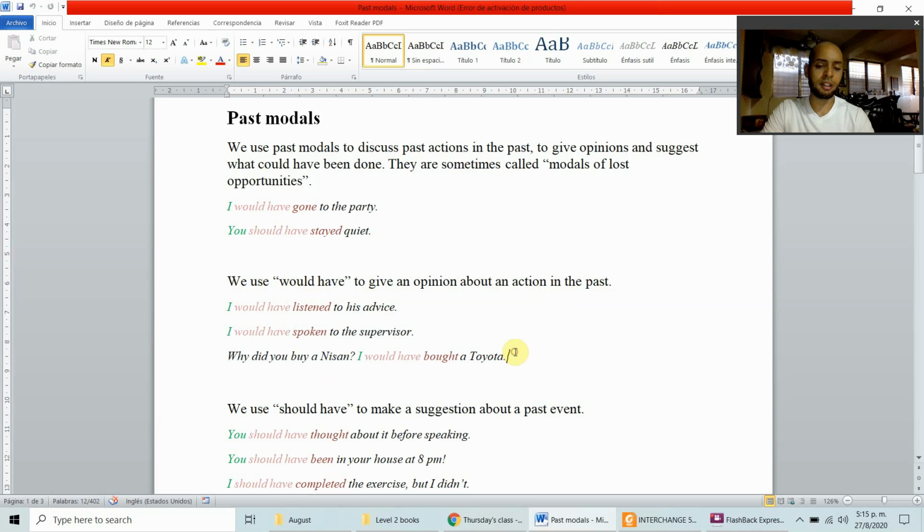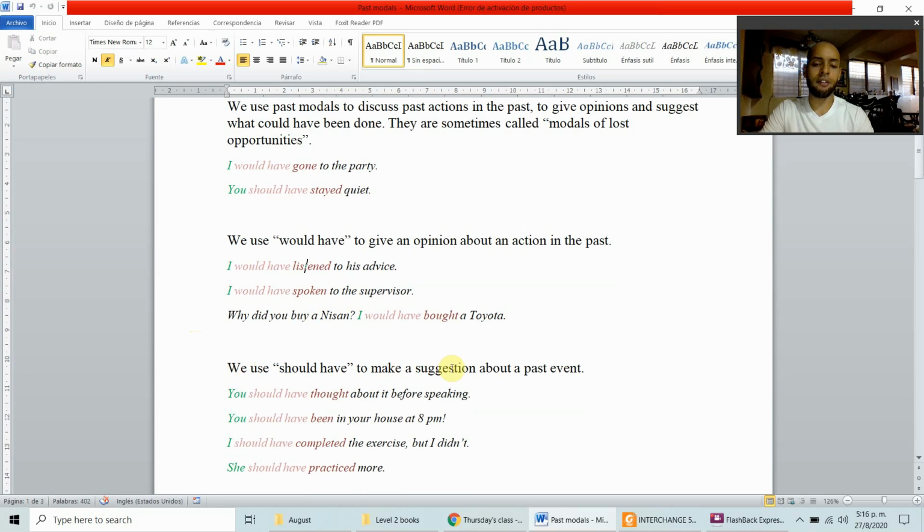I would have bought a Toyota. So, again, things that happened in the past and cannot be changed. These comments are made because they are giving their opinion about what they could have done, what could have been done.